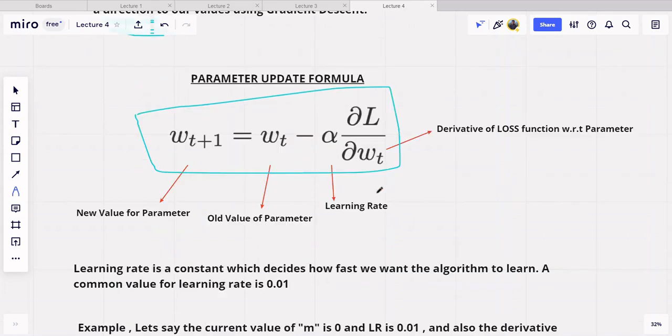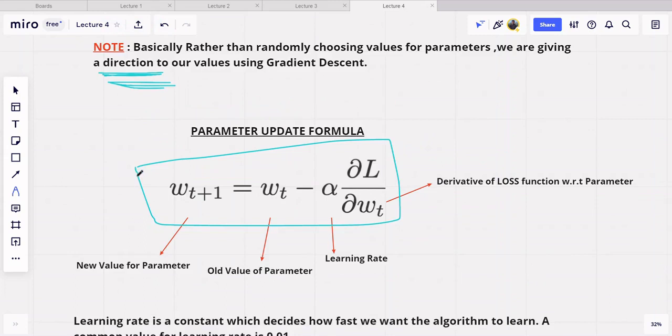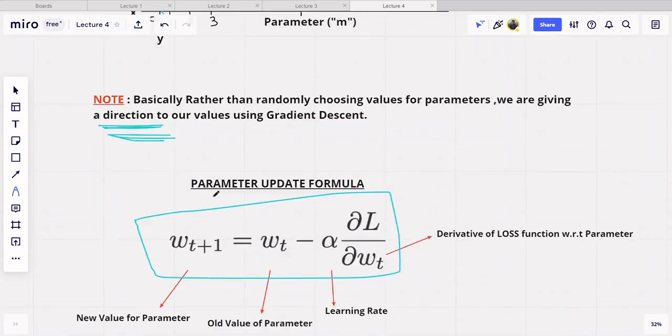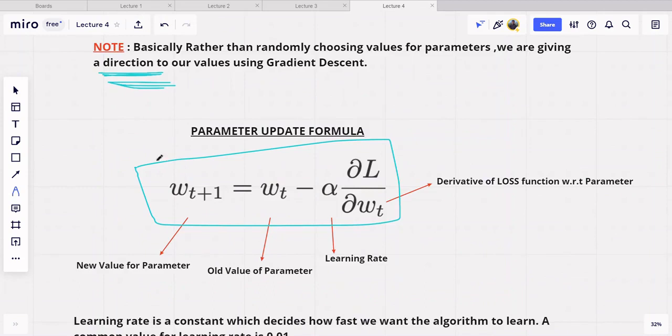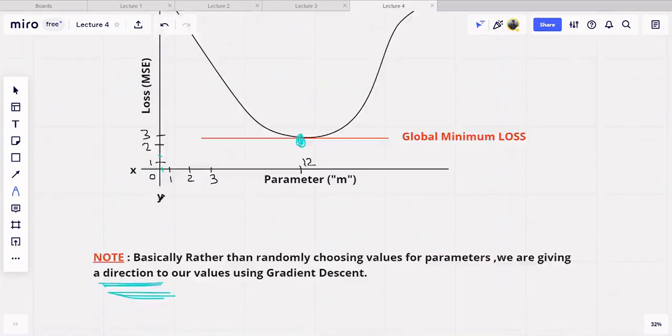Now don't worry if you don't get it, because I can create a whole video just explaining how this formula works and how this formula basically gets us the global minima, okay. But that will only make things more complex. Don't worry about this. Just keep in mind that we use this formula to update the parameters, okay.